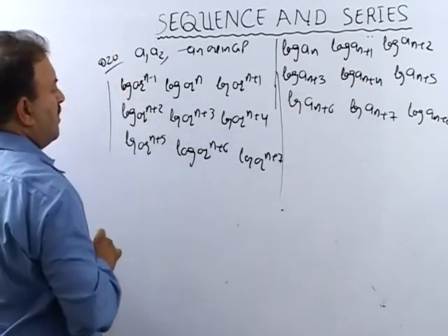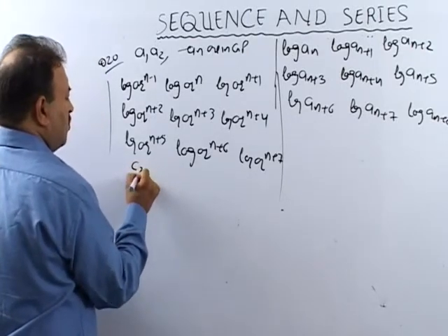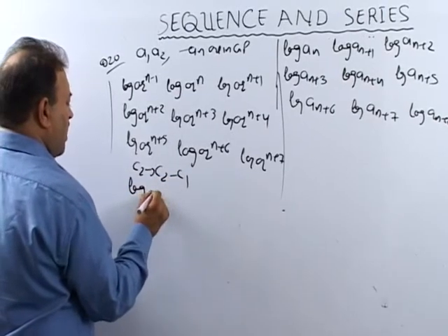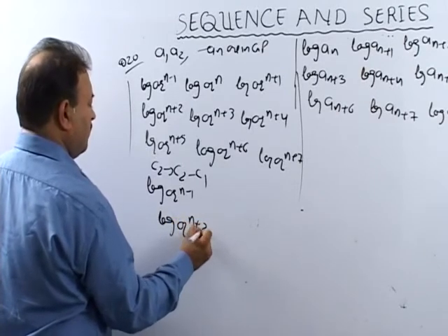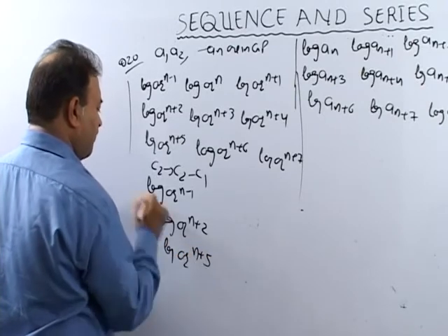Now step by step we can go. Operate on C2: C2 minus C1. It gives log R, log R, log R in each row.